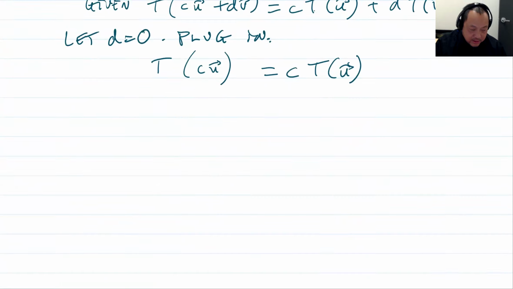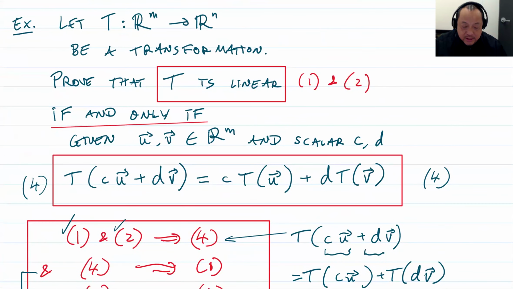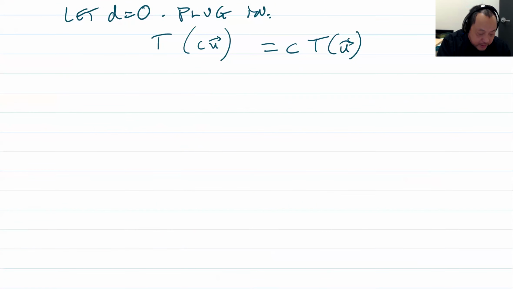My theorem says that property 4 is true for any linear transformation. And in fact, it could replace both of 1 and 2, right? Because it's all equivalent. It's linear if and only if, right? So it's just as good. The single property 4 is just as good as both properties 1 and 2. It's so good, I'm going to copy it down again down here.